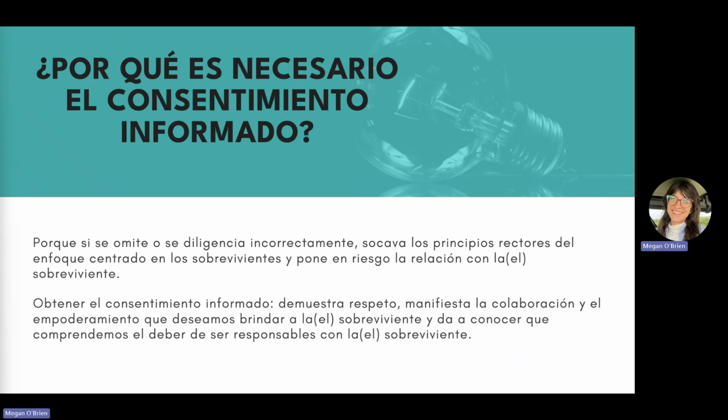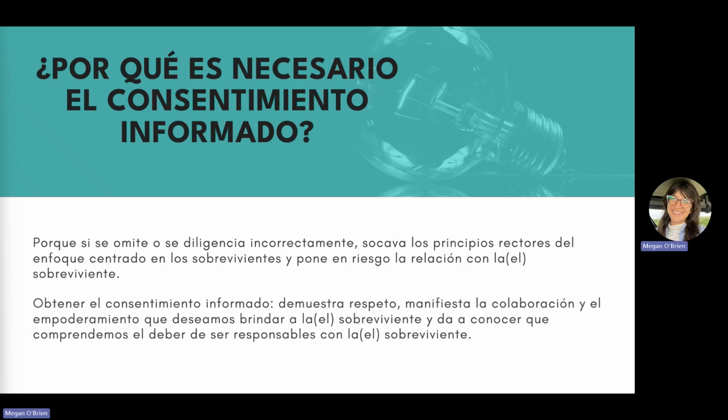Why do we need informed consent? When informed consent is skipped or completed improperly, it undermines the guiding principles of a survivor-centered approach and jeopardizes the relationship with the survivor. Obtaining informed consent demonstrates respect.